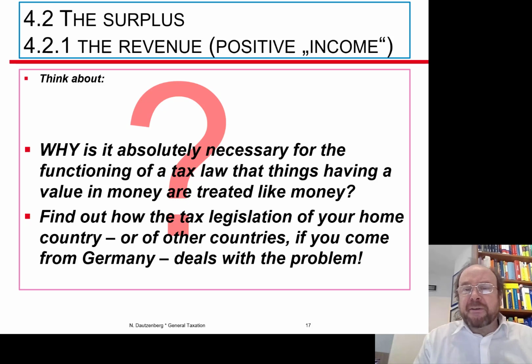If you go to the doctor, he refuses to take cash because that would be revenue. The doctor prefers to get some advice from you, if you are a lawyer or a tax advisor, for free, because that would not be revenue. An economy would immediately break down if you make such a distinction in the tax consequences between cash payments and cash equivalents, or things having a value in money.